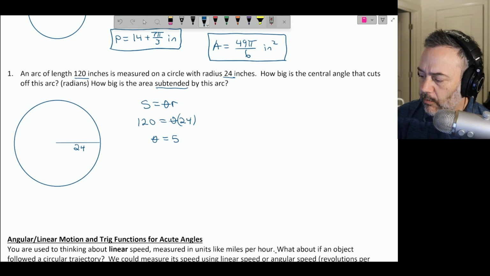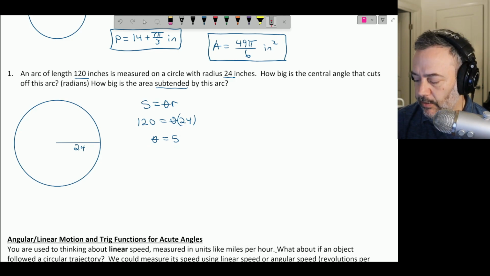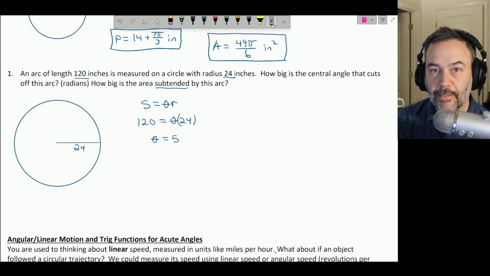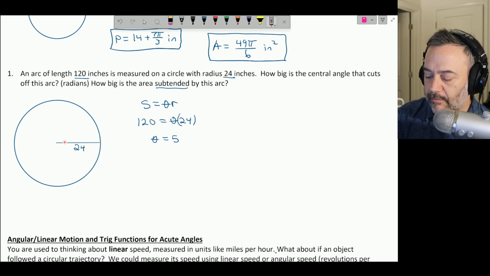So we check our units. Well, this is in radians because we use the radians formula. So I write nothing, and the assumption is if I have an angle with a number and no unit marking of any sort, then that's it. It's 5 radians.